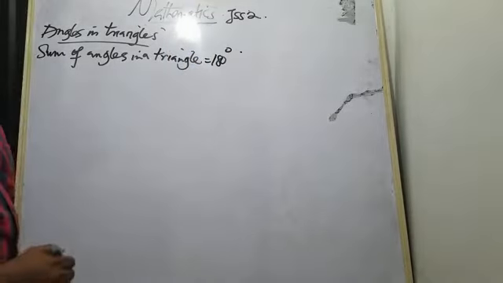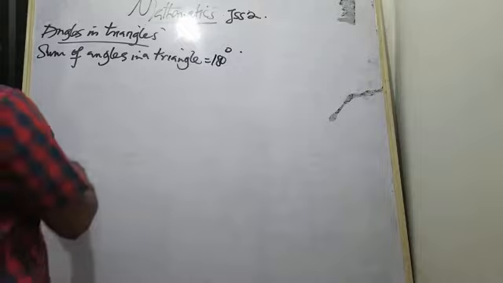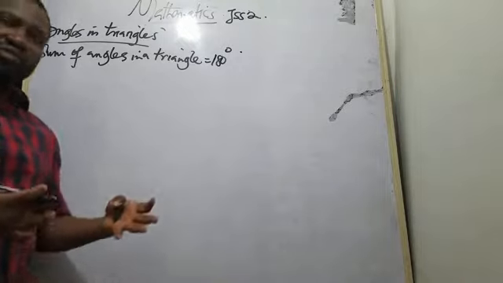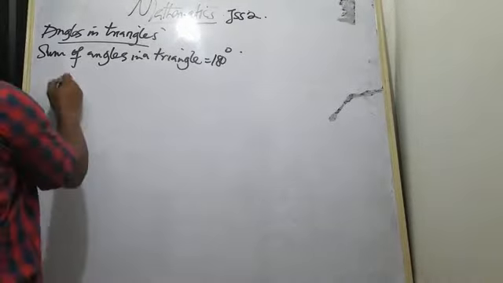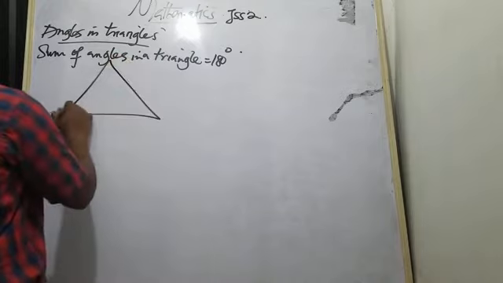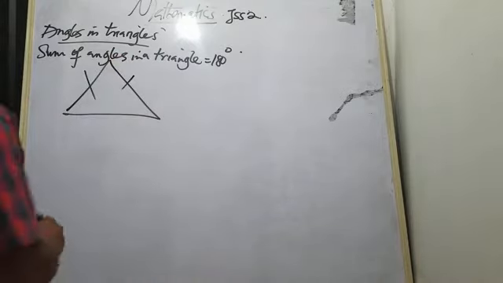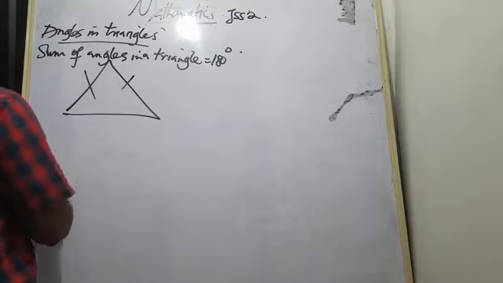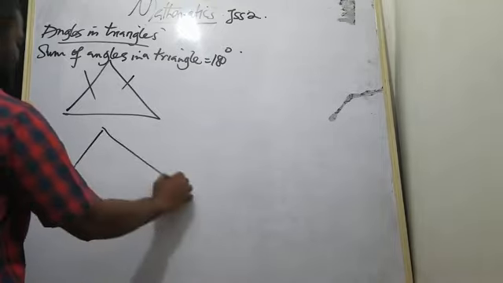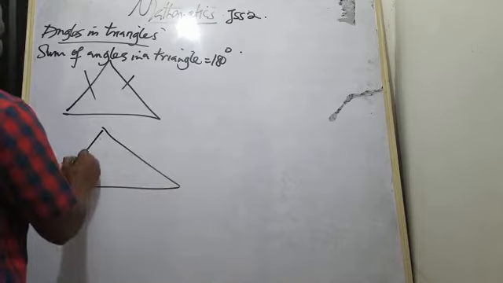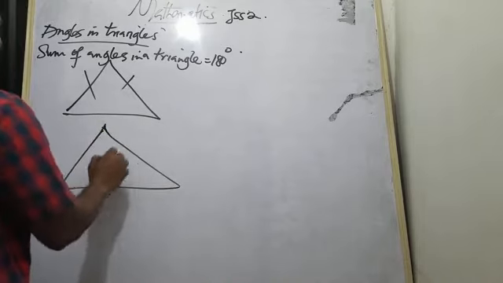Don't forget that, okay? For instance, we can have different types of triangle. We can have an isosceles triangle. Isosceles triangles have two sides equal. While an equilateral triangle has all its sides to be what?